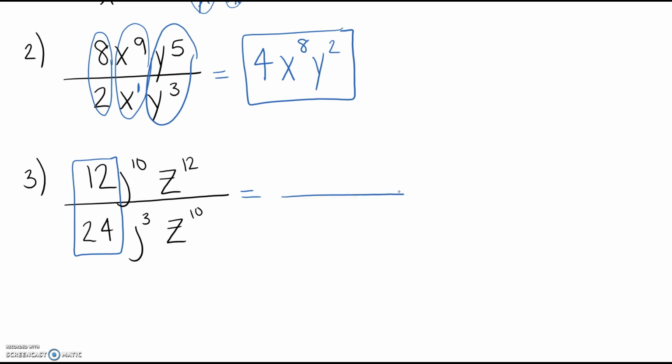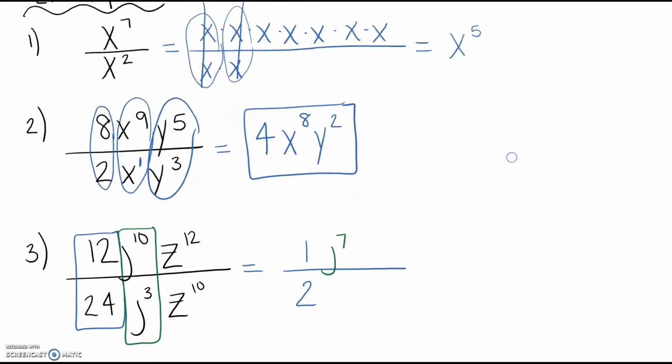So we don't need to write anything. 24 divided by, well, I guess you could put a 1 here. 24 divided by 12 is 2. So we have a 1/2. Looking at the, here I'll color code this. J to the 10th over j to the 3rd. 10 minus 3 is 7. So we have j to the 7th. Notice my 2 stays in the denominator and my j to the 7th automatically goes to the numerator. It always does when you subtract. And again, it's because of this reasoning. Everything cancels in the denominator here.